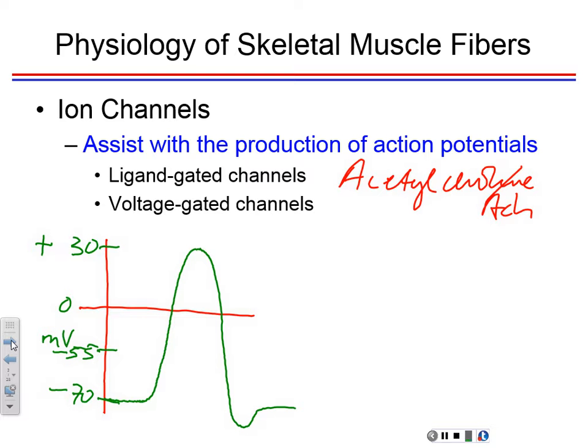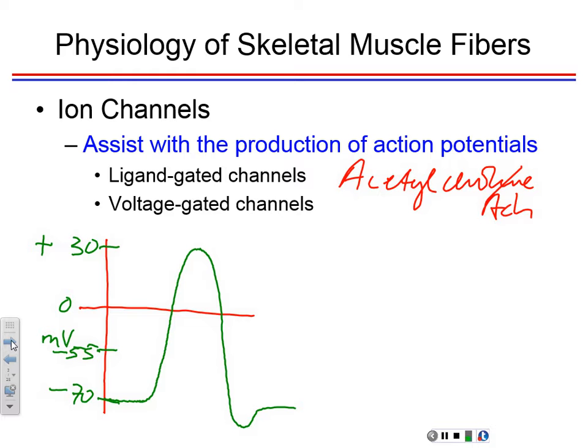Then the ligand-gated channels will close, and the voltage-gated channels will pick up, because there are a lot more voltage-gated sodium channels. Minus 55 is the voltage that the voltage-gated channels are sensitive to.